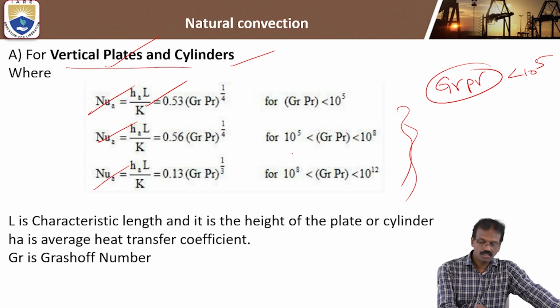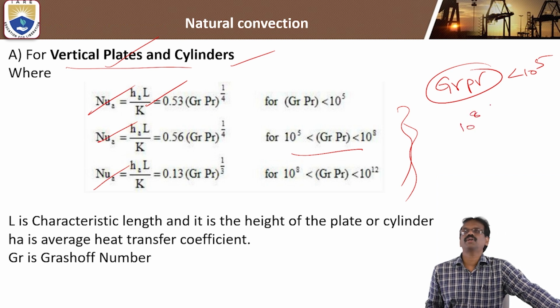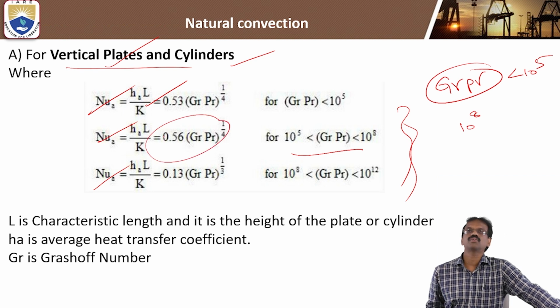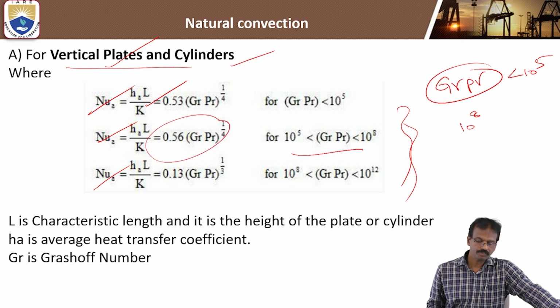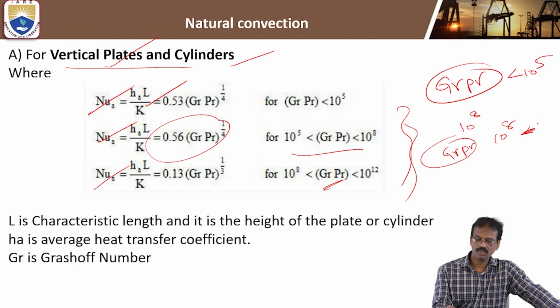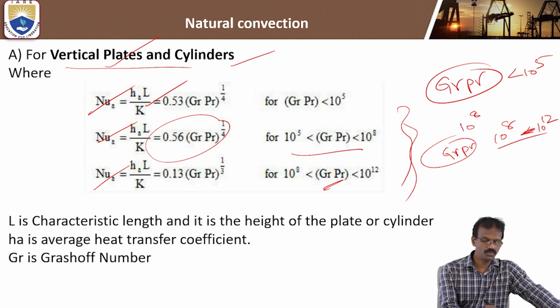Okay. If GRPR is in between 10 to the power of 5 and 10 to the power of 8, then 0.56 (GRPR) whole to the power of 1/4. If the Grashof-Prandtl product GRPR value is in between 10 to the power of 8 and 10 to the power of 12, then you can choose this form.